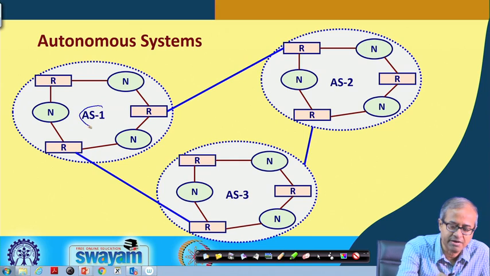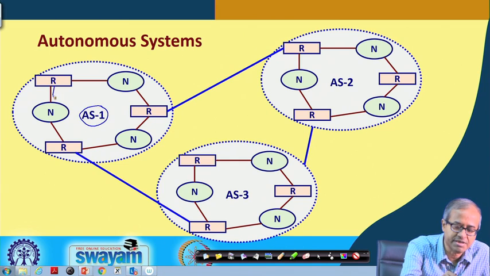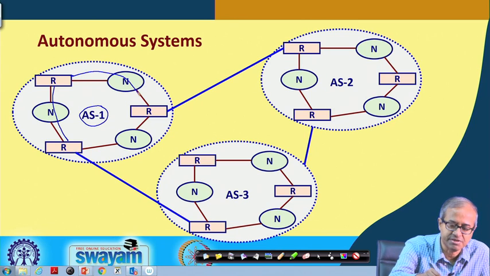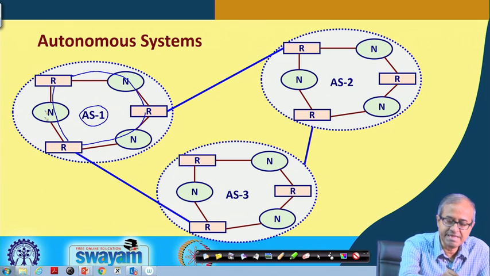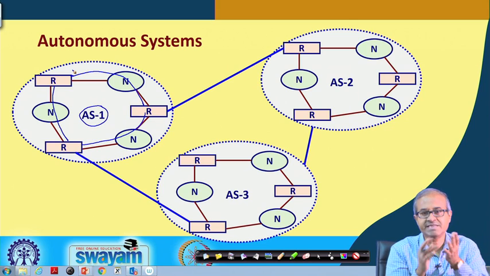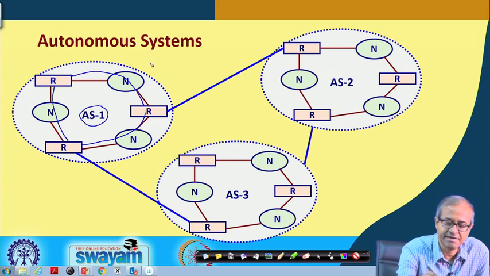For AS1, for example, this router is connected to this router via this network, this router has a connection to this router via this network, and this router has a connection here. Now, these routers can exchange information and keep their routing table updated using interior protocols, which I said there are 2 main examples, RIP and OSPF.